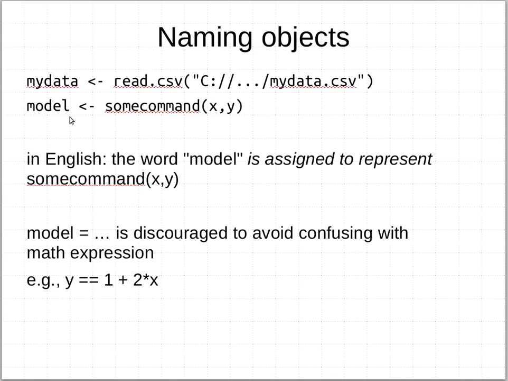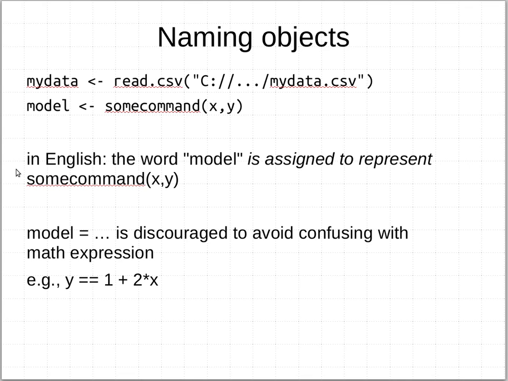Okay? So I should also talk about what this arrow dash thing is all about. That simply means is assigned to represent, is the same as, or something like that. So in this line, we would have to say, to be completely correct, model, quote unquote, the object, is assigned to represent the results and everything that comes from some command of x and y.